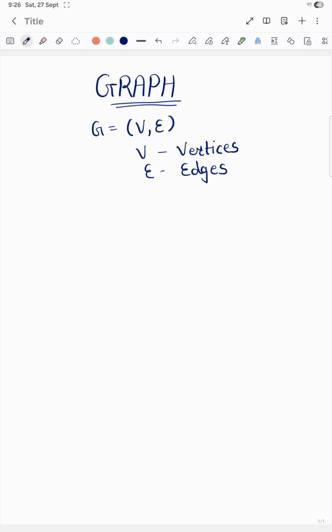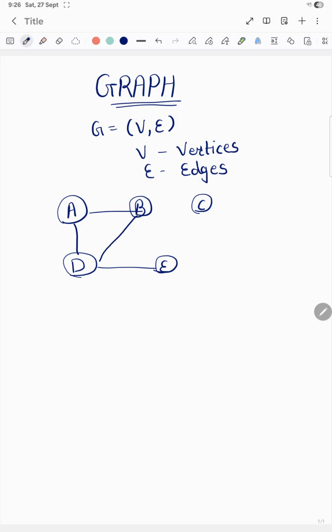Suppose I have multiple vertices. Let me give you one example. Suppose we have a graph something like this. Randomly I'm giving this. So this is my graph G. For this graph, the V of G, that means the vertices.